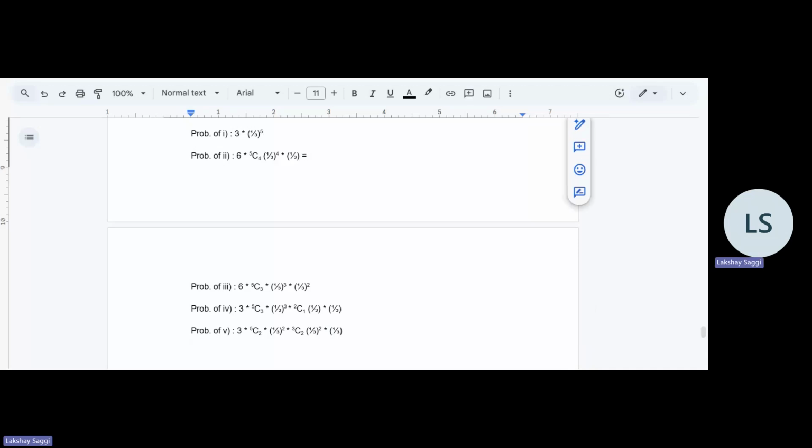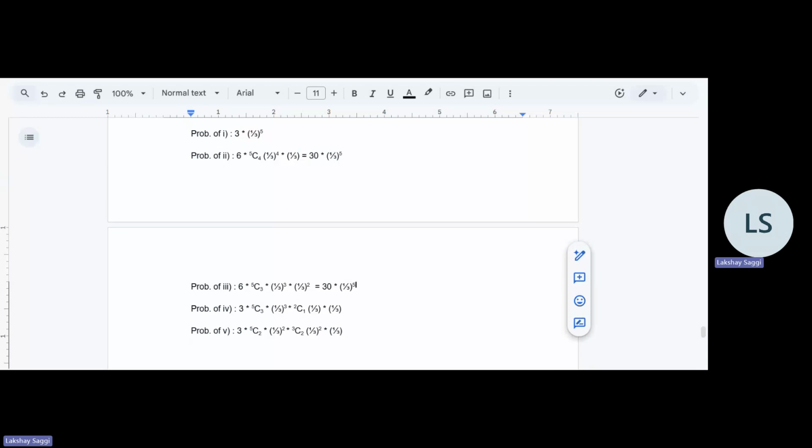So I'll just take 1/3 raised to the power 5 as common in all of these. This is just 6 times 5, which is 30. I'll copy this and change the coefficient in every term. The coefficient is just 1/3 raised to the power 5.